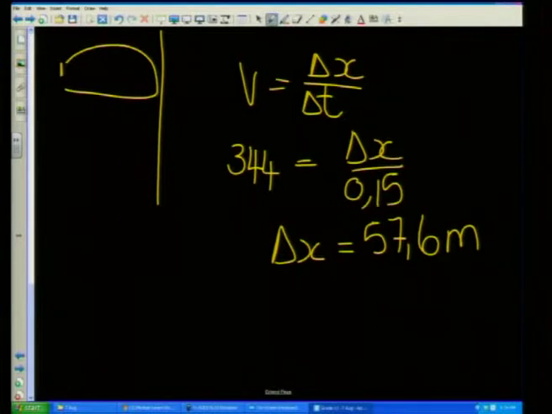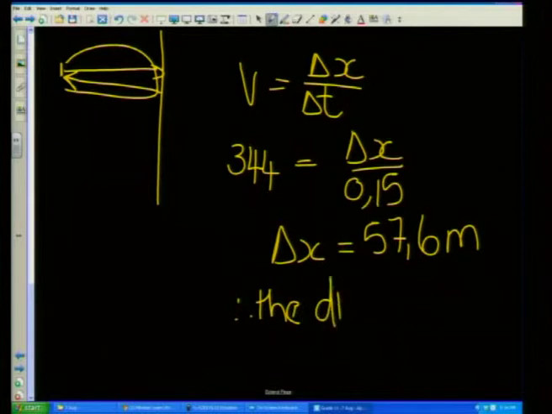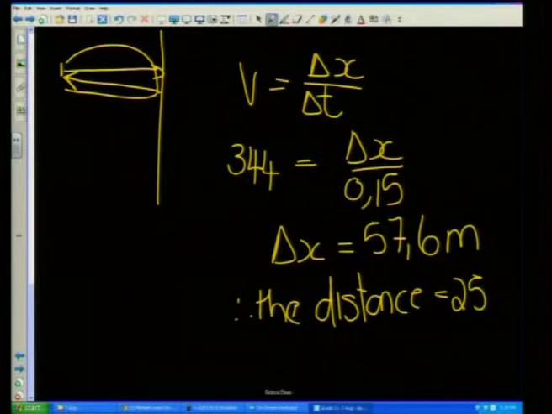But that 57.6 meters is going there and coming back, so it's twice the distance. So therefore, the distance, I've worked out delta X, I can't use it again as my symbol, is actually 25.8 meters.